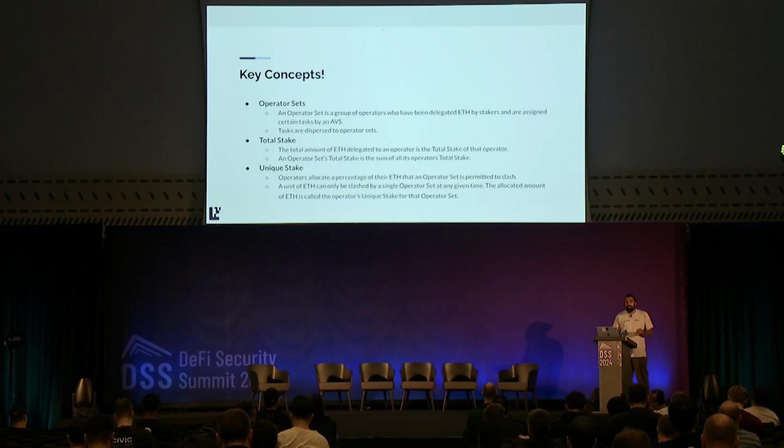So you can be assured that multiple parties do not have claim to the same ETH. So you have unique rights to slash a certain amount of ETH. So that is a guarantee that the protocol gives you with this new slashing model. And we call that unique stake.